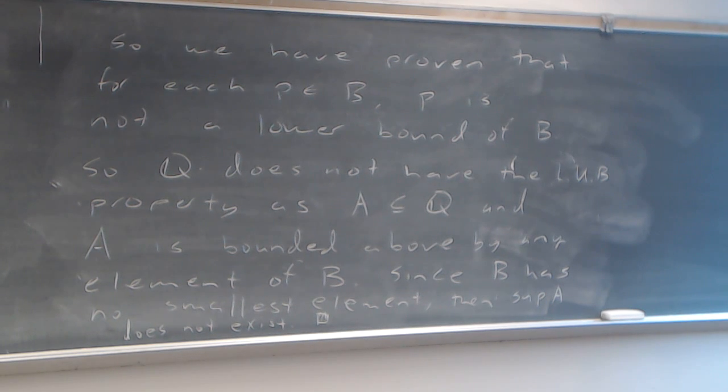But if you gave me something that was an upper bound for A, it was going to have to be in B, and it turns out that B doesn't have a smallest element, so there's something less than that which would also be an upper bound for A. And so you can't get a least upper bound. So that's the proof.